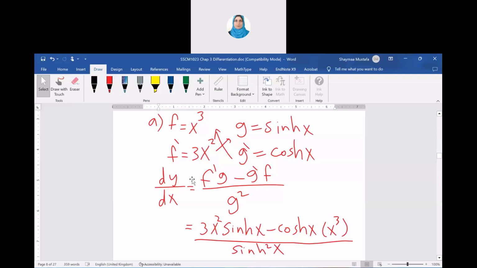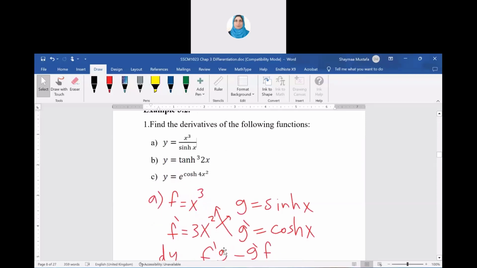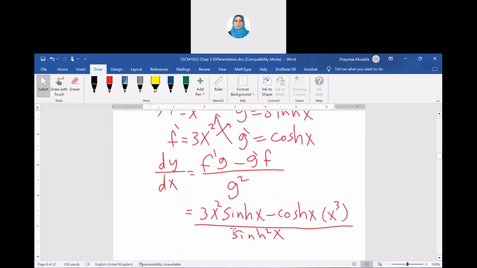So this is the dy over dx. I have a division of two functions, so you need to apply the division rule. But first step, specify your functions f and g, find the derivative for f and g, then apply the division rule.